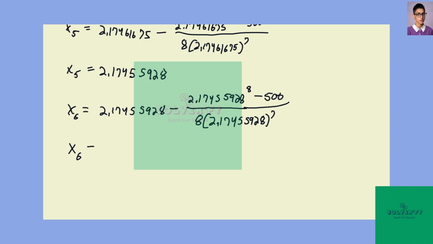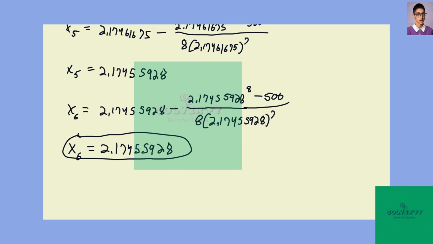That gives us the sixth x value to be 2.174559928. That's exactly the same as the fifth value. So this is the correct solution to 8 decimal places. So the 8th root of 500 to 8 decimal places is about 2.174559928.